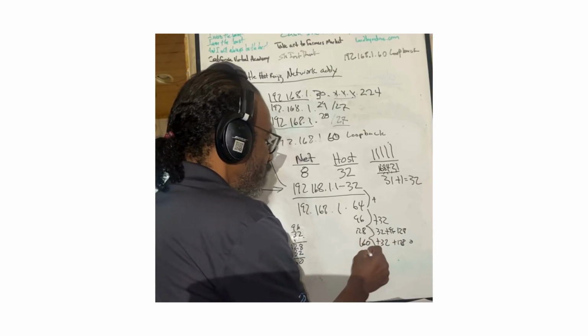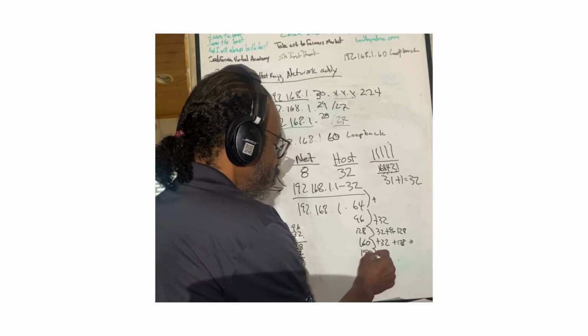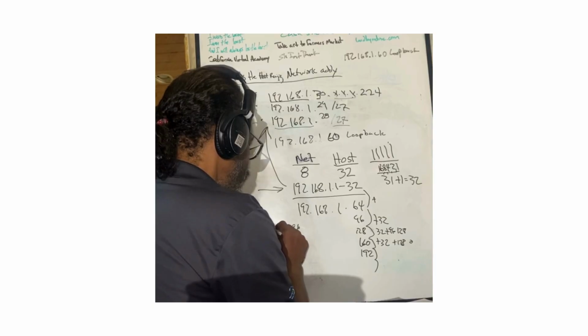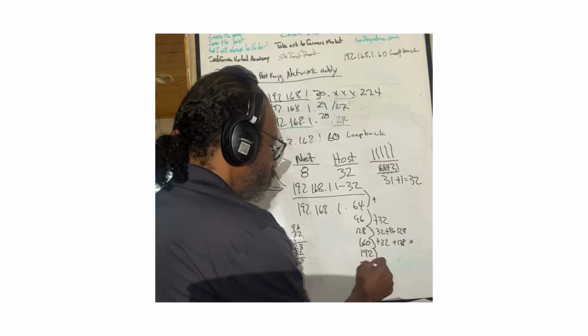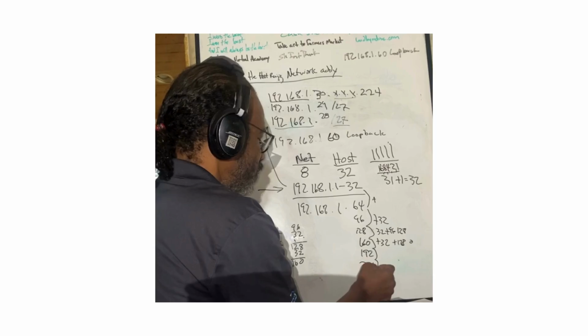All right, and then 192. And then 192 plus 32 is 224. So that's 1, 2, 3, 4, 5, 6, 7.